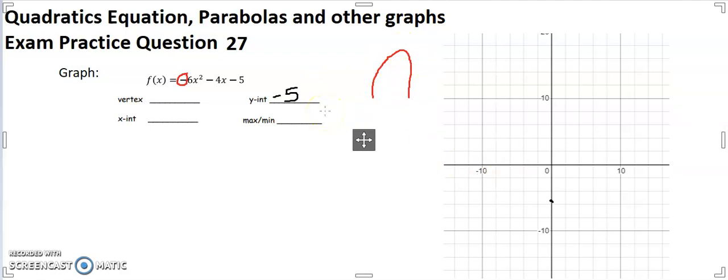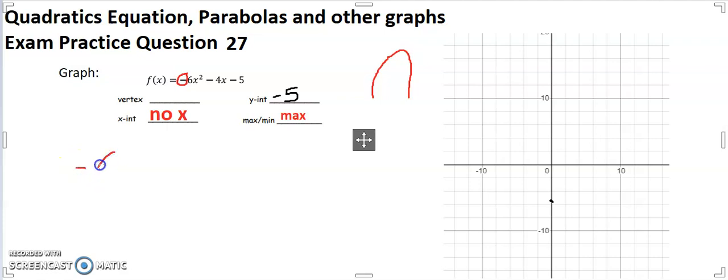So the next thing I need to think about is the turning point. Because I know I've got a y-intercept of negative 5, I've got no x-intercepts, and I know we've got a max. So, first thing I think about when I am doing my vertex or my max or min point is I need to complete the square.